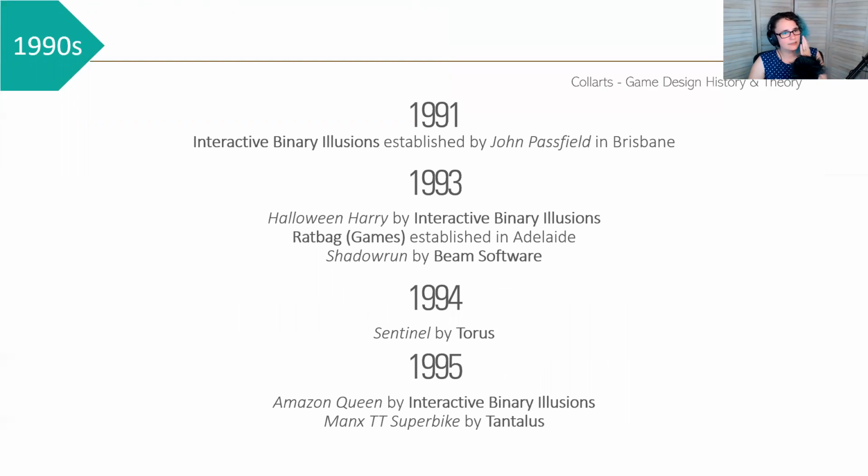In the 90s, we have a very famous person in Brisbane games development called John Passfield. Lovely guy. If you ever get to go to any of the games industry or game dev meetups, you'll probably see him around. He has an absolute passion for video games and an absolute passion to give knowledge, and if he can, network with other people within the games industry.